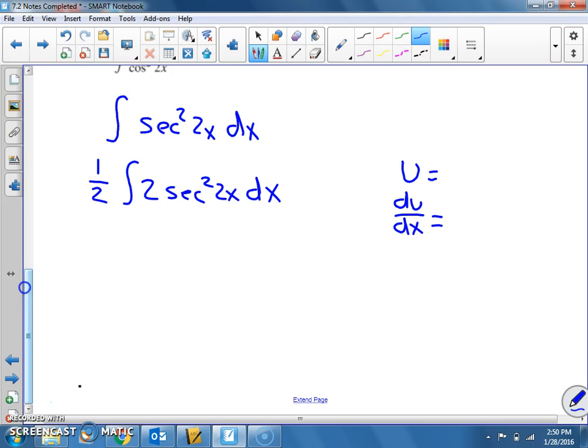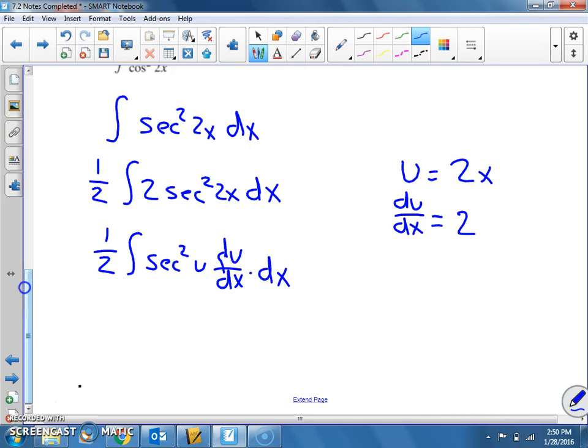That's the derivative of what? 2x. So if I had u equal to 2x and du dx equal to 2, then I would have 1/2 integral of secant squared of u, then du dx dx, right? We find the antiderivative of this because the derivative of tangent is secant squared.